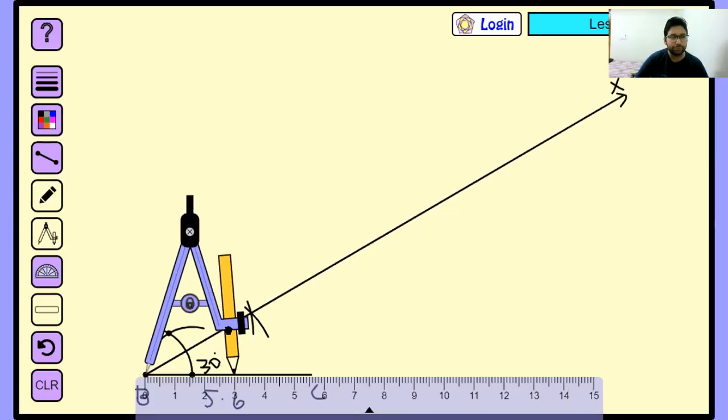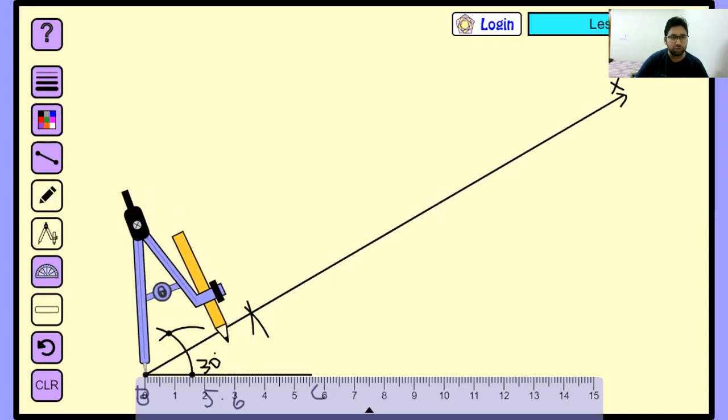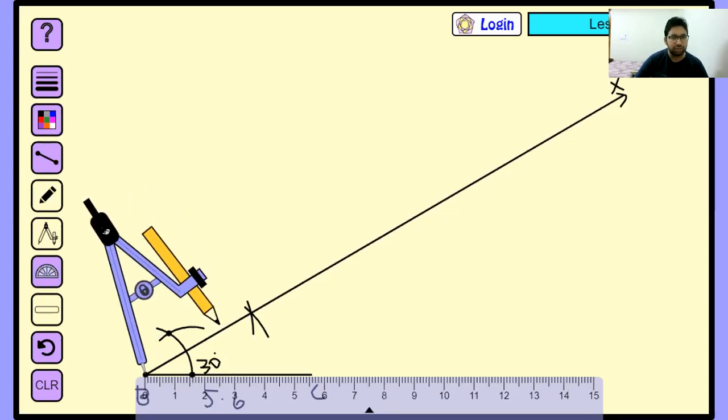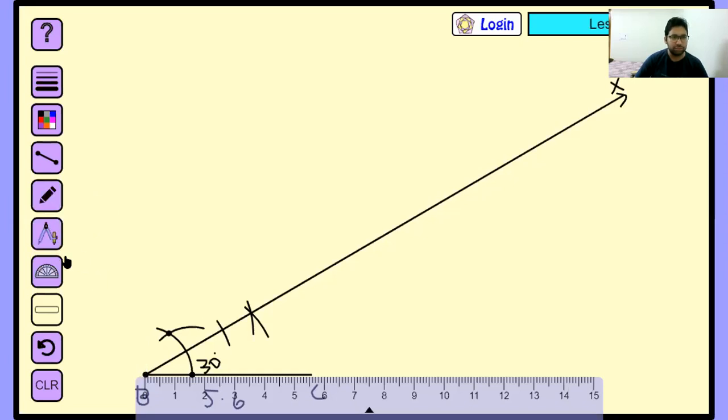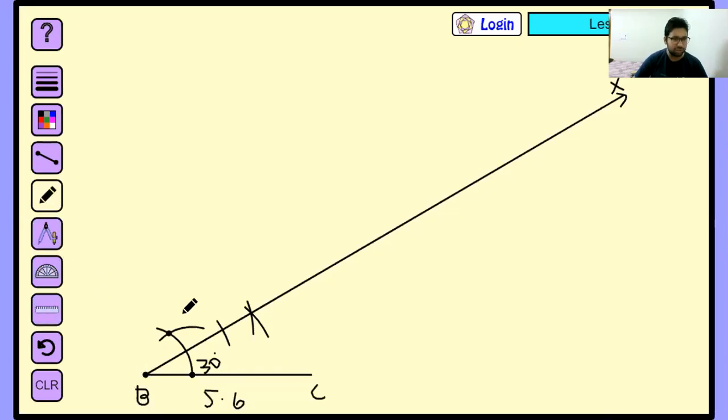Again, locking it, taking it to that portion where we want the arc. The arc will come here. So please confirm, is this arc giving us the third vertex A? No. This is an intermediate point.